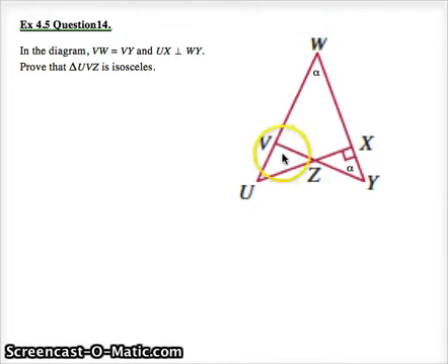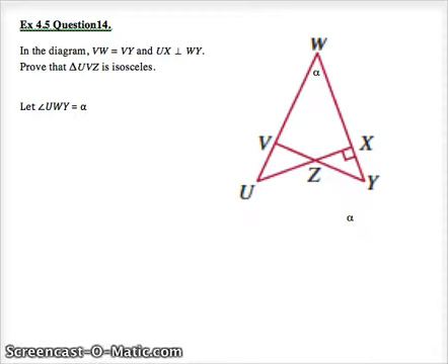Because VW equals VY, then angle VWX, if we let that equal alpha, equals this angle down here. So let's start with that. So let angle UWY equal alpha.